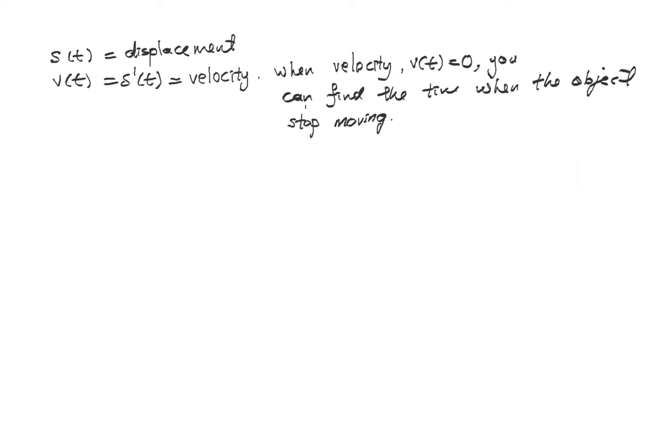Okay. Then if you draw the V(t) sign diagram, okay, if the sign doesn't change, it can be this or this.